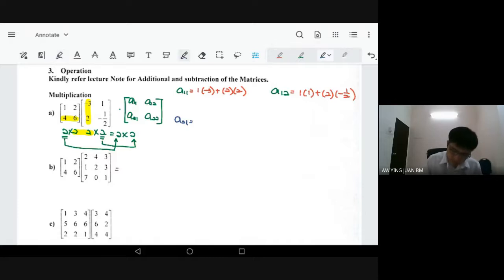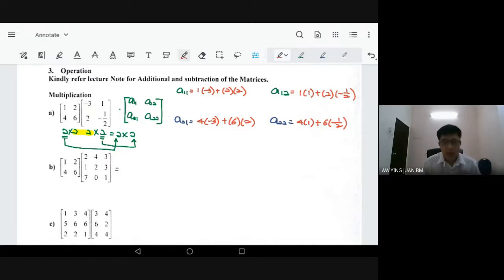So jawapan kita 4 multiply with negative 3 plus 6 multiply with the 2. Continue. Kita sambung A22. So anda boleh cuba imagine apa yang tengah berlaku. So jawapan saya adalah 4 multiply with the 1 plus 6 multiply with negative 1/2.